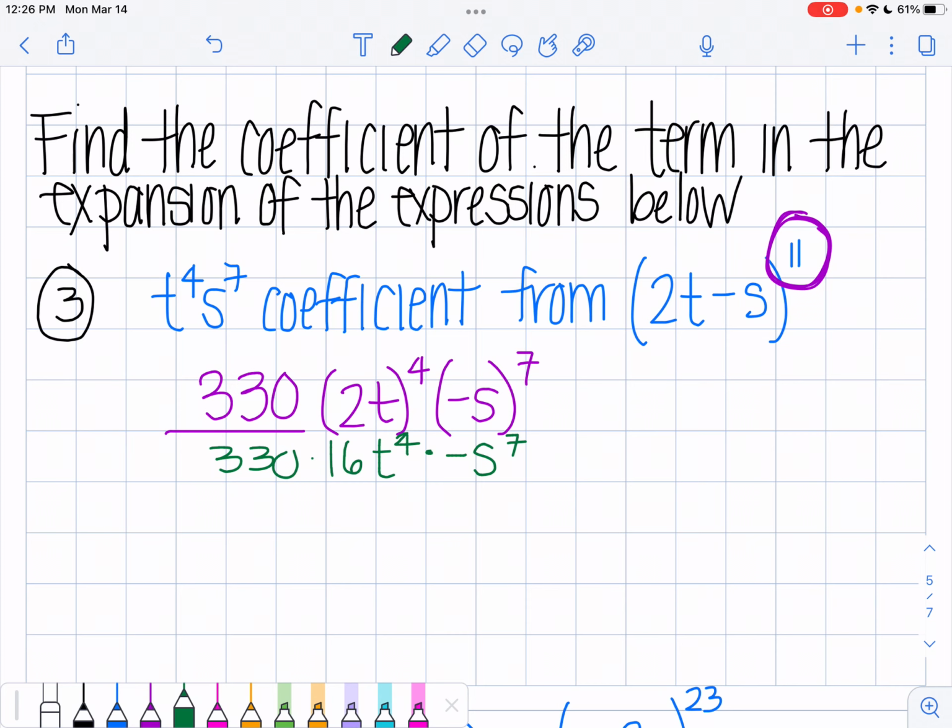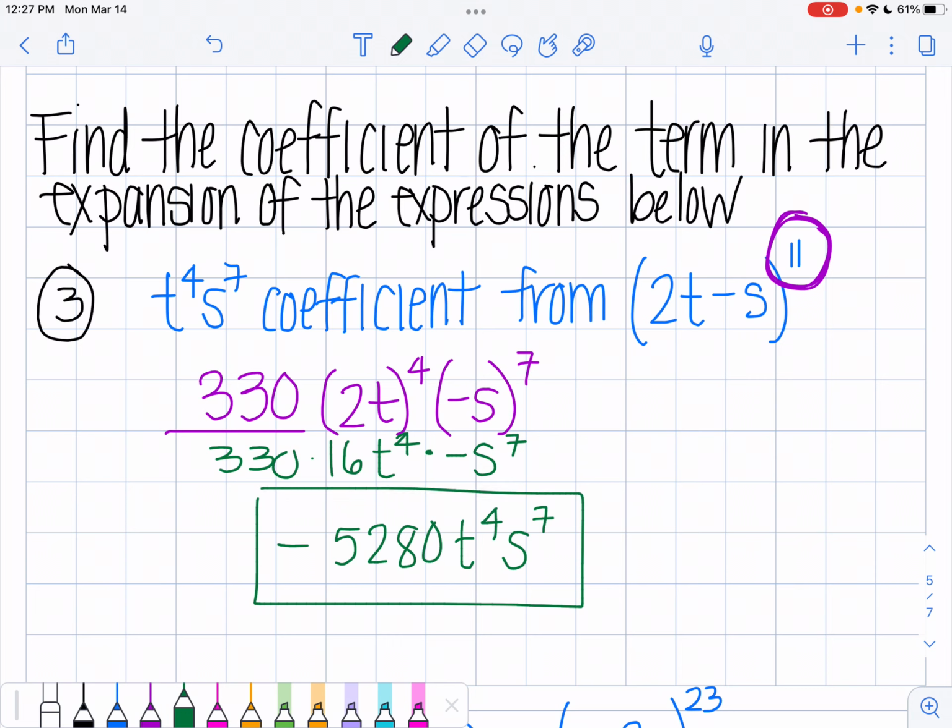So I'm going to multiply my numbers together. 330 times 16 times negative 1 is going to give me negative 5,280 t to the 4th, s to the 7th. If they just asked you for your coefficient, then you would tell them it's negative 5,280.